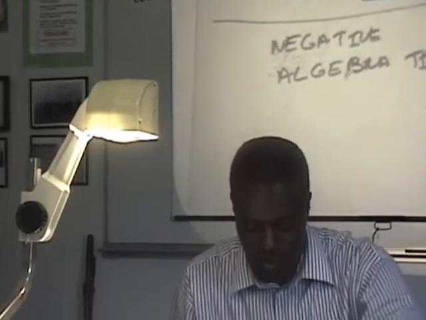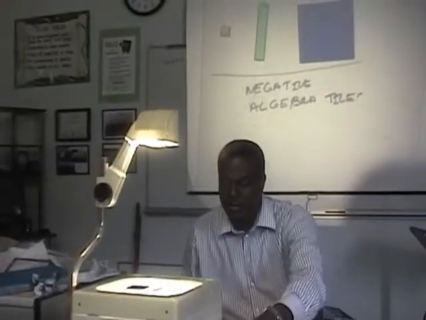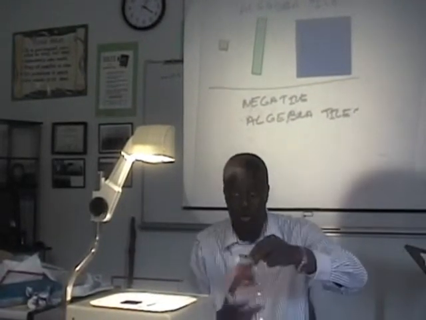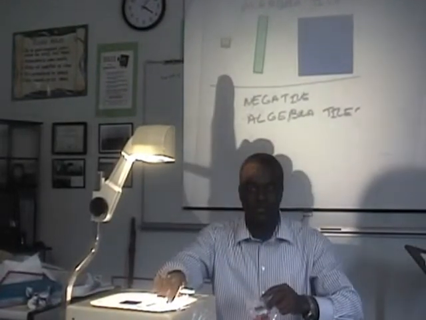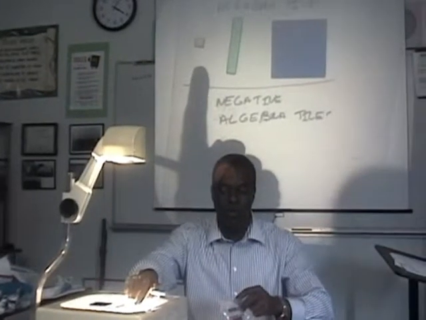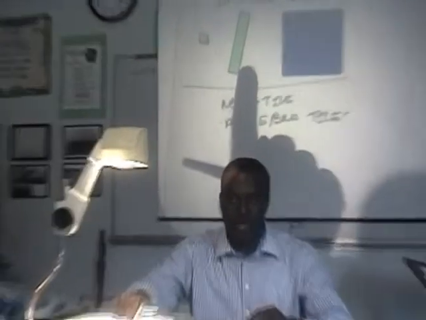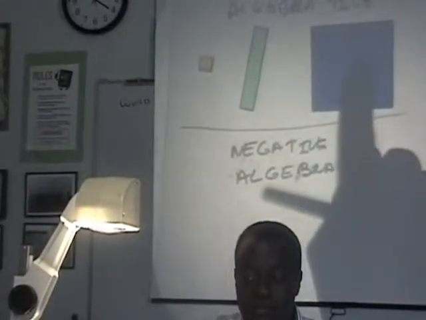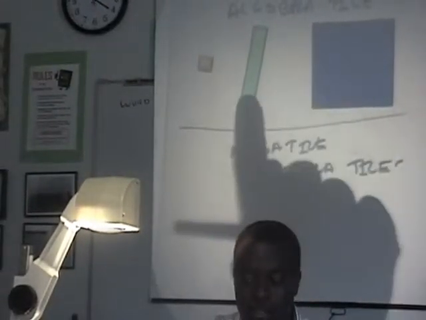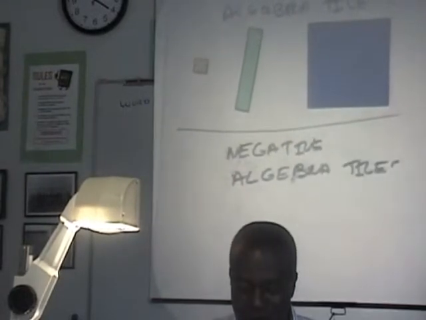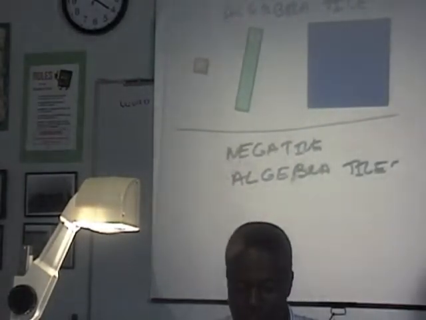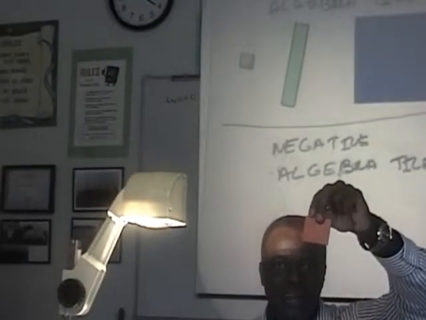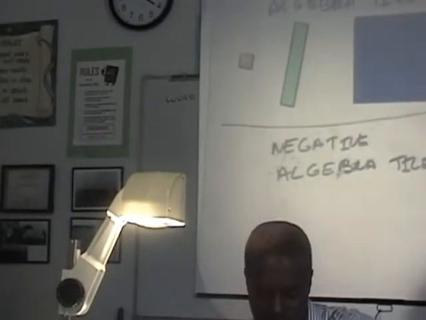Okay, now let's move on. So likewise on yours, this is your positive x squared and this is your negative x squared. Okay, I'm talking too fast here. Let's put that down.